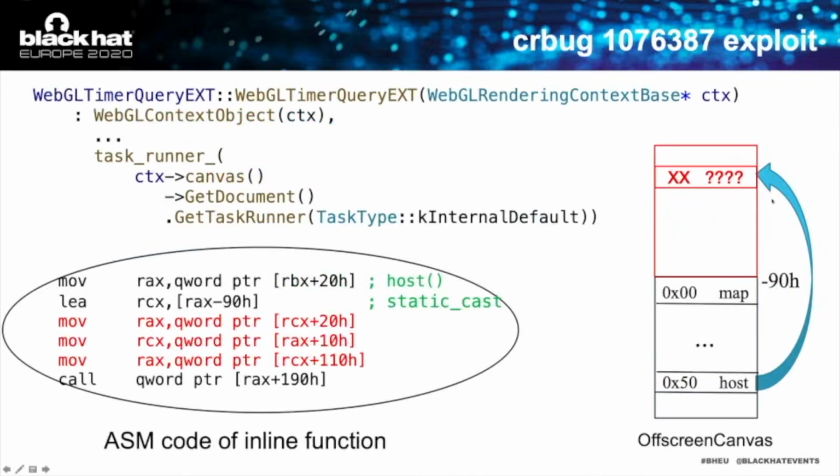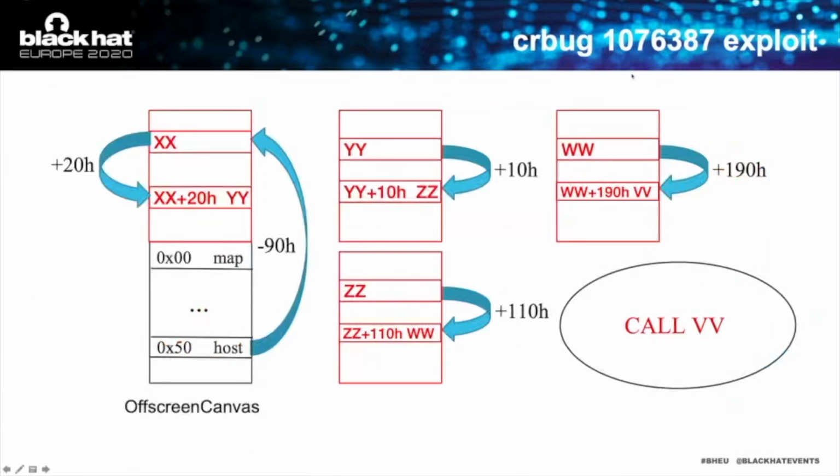After type confusion occurs, the incorrectly fetched value will be passed to a call instruction, so we can control RIP. The detailed relationship is shown on the slide. To control the value of VV, we should be able to set the value of YY first. That's the job of heap spray.